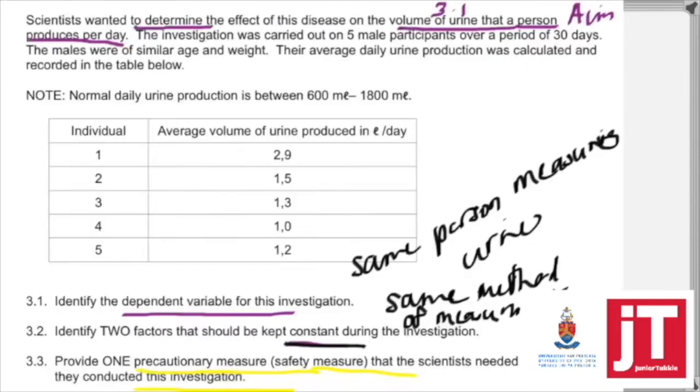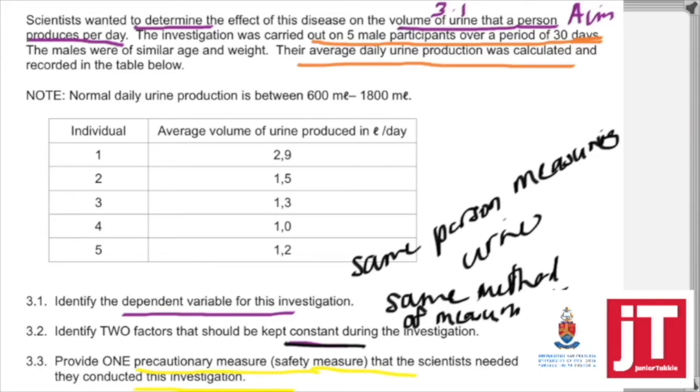3.4. State 2 ways in which the learners improved reliability. Improved reliability means it's already done. So let's go back to our statement. If you look, it says the investigation was carried out on 5 male participants over a period of 30 days and the average urine production was calculated.